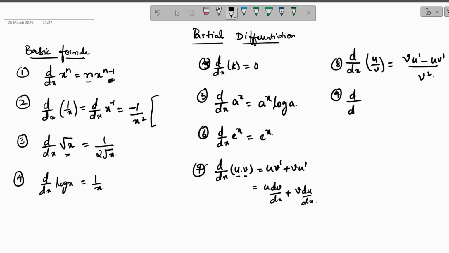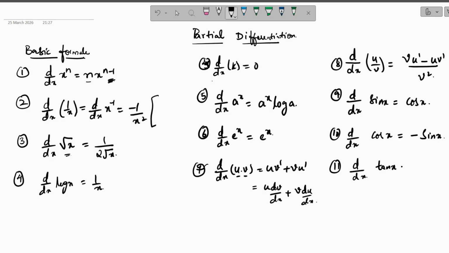So differentiation of trigonometric functions. Sin x is equals to cos x. Differentiation of cos x is equals to minus sin x. Differentiation of tan x is equals to secant square.